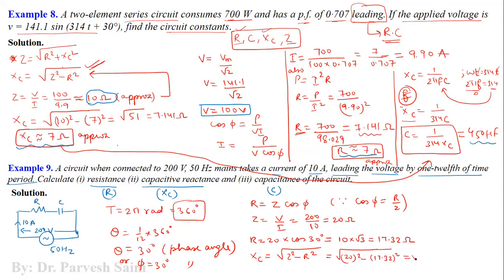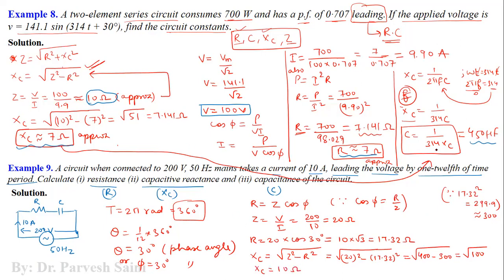So this comes out to be 400 minus, so 17.32 square is 299.9. So it is almost 300. So this is equal to square root 100. So Xc is equal to 10 ohm.